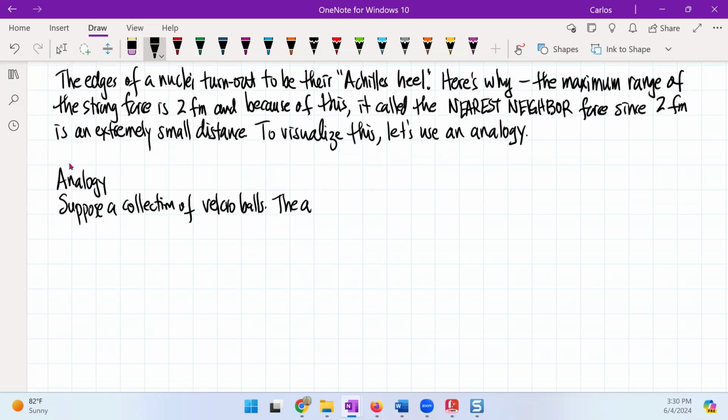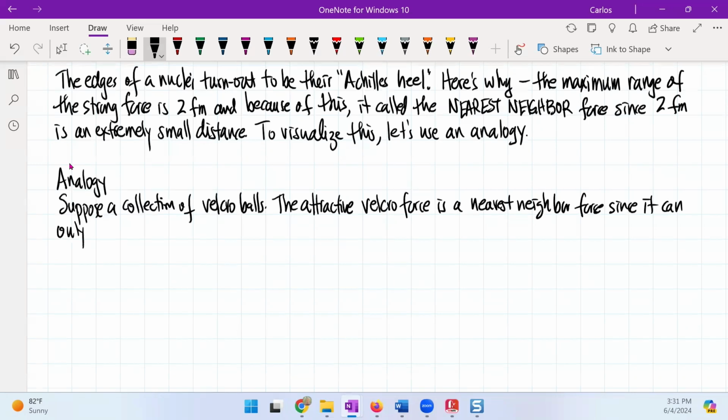So the attractive Velcro force is a nearest neighbor force, since it can only make contact with nearby Velcro balls.